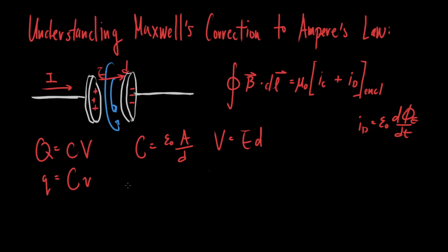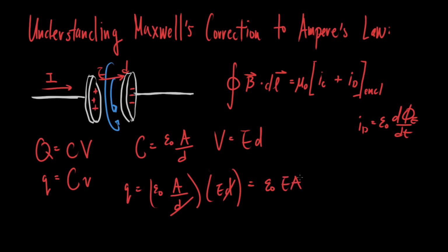And so if we put this together, we get Q is equal to epsilon naught A on D, so that's the capacitance, times voltage, so a tiny amount of voltage in D. And then we cross it out, and we get that is equal to epsilon naught EA.